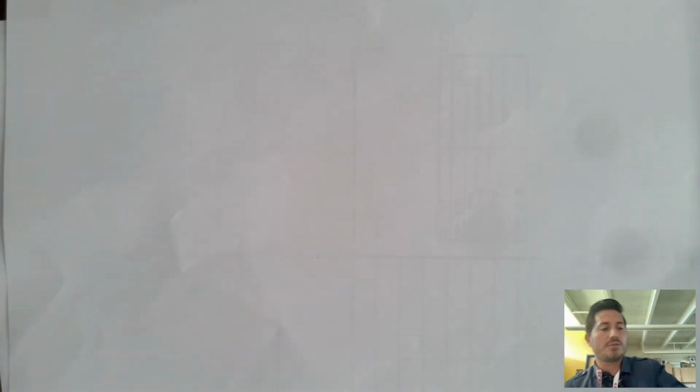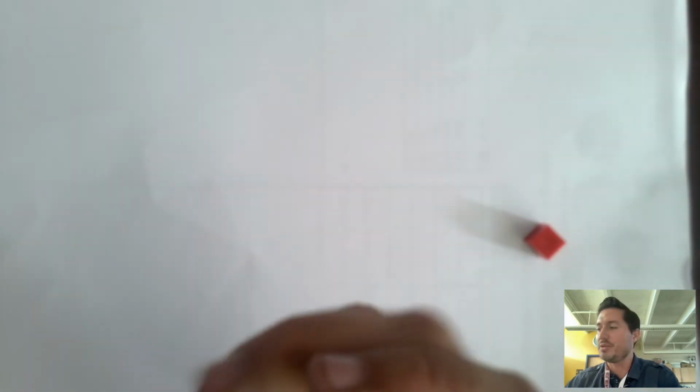So let me give you a quick overview of what we teach the kids. These are called unit cubes. Sorry, my hand's all dirty because we were using slime today, magnetic slime.